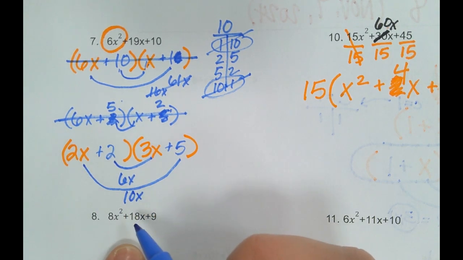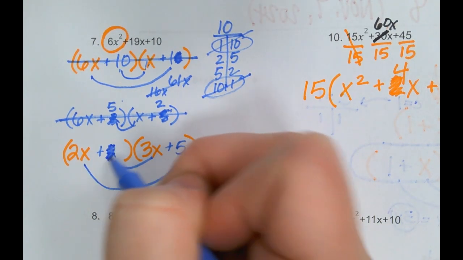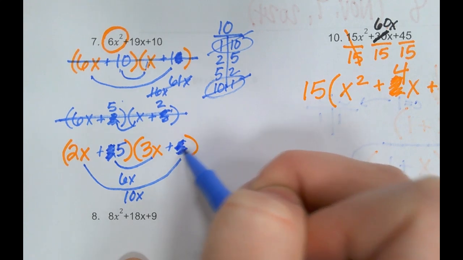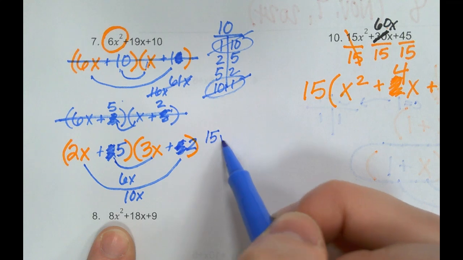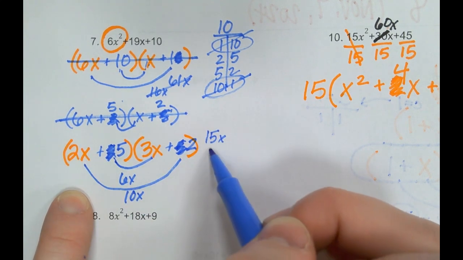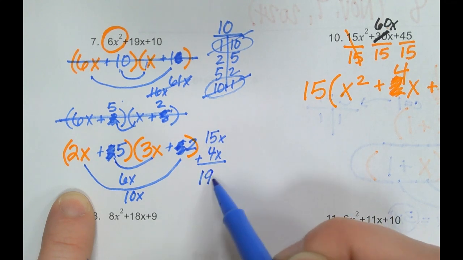So that gives us 16x. That one won't be it. Plus 5 and plus 2. Yeah, let's try plus 5 and plus 2. So 15x and 2 times 2, 4x. And what do you know? That gives us 19x.